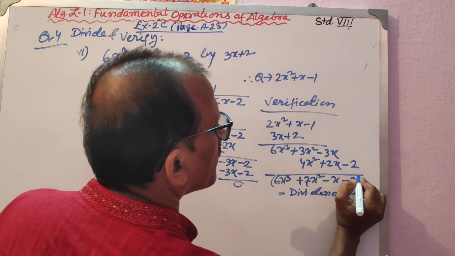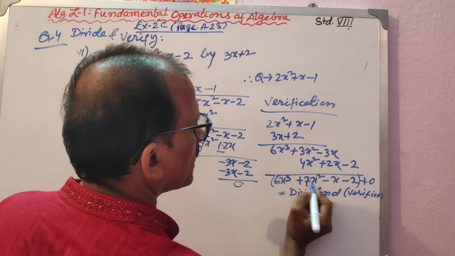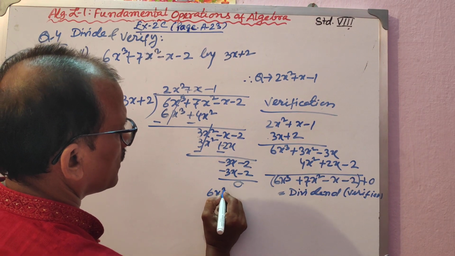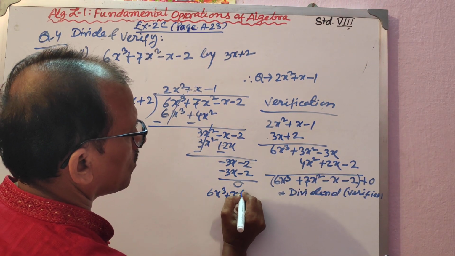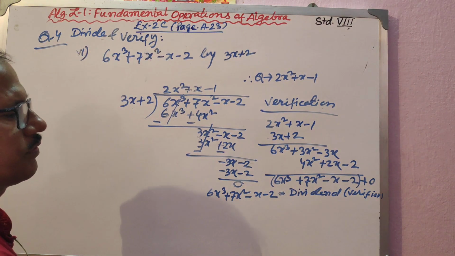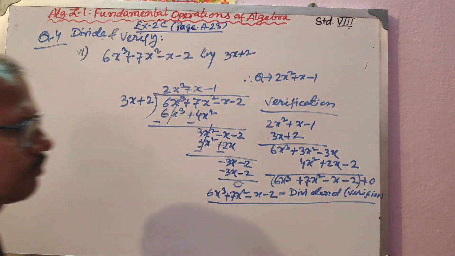Plus 0 is equal to the same. You can write down once again 6x cube plus 7x square. If you are adding 0, the same thing will be there. So it is equal to the dividend, which is verified. This is the way you have to do this.